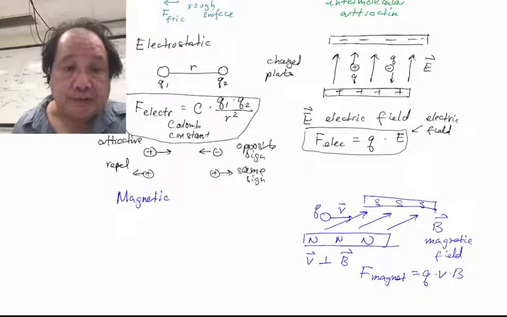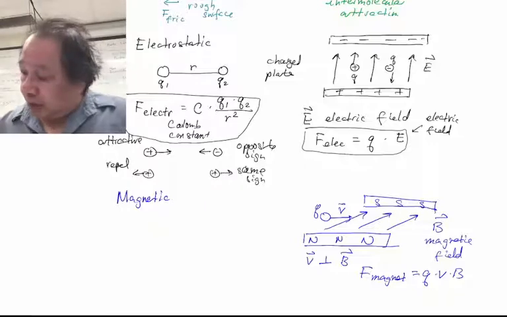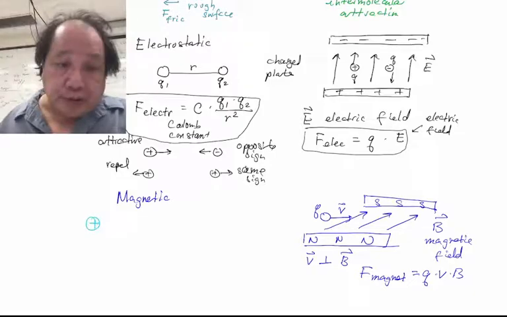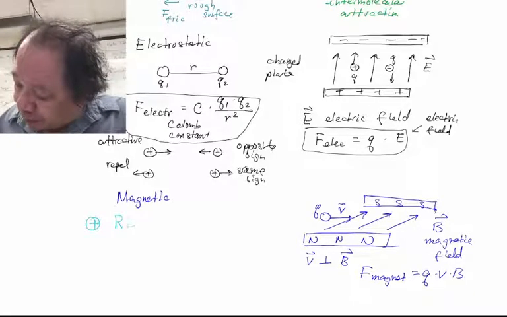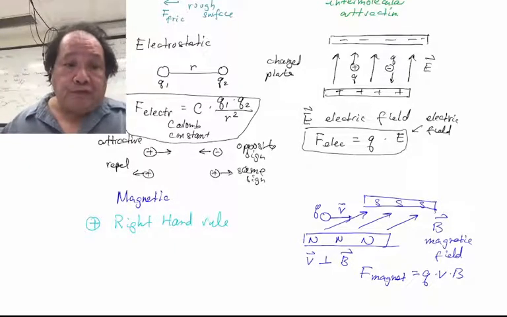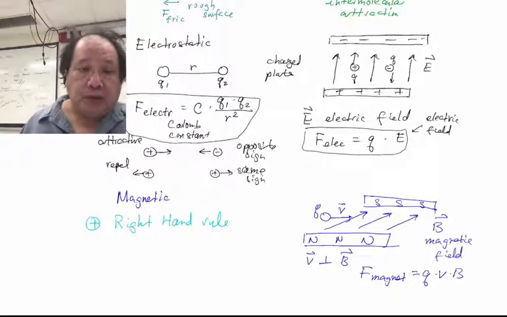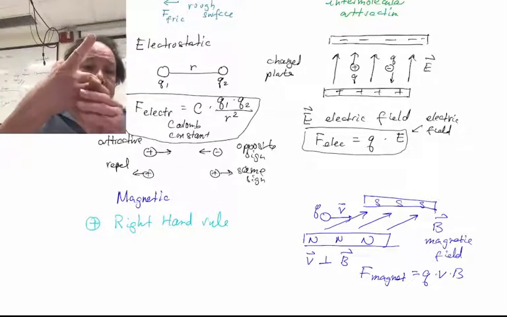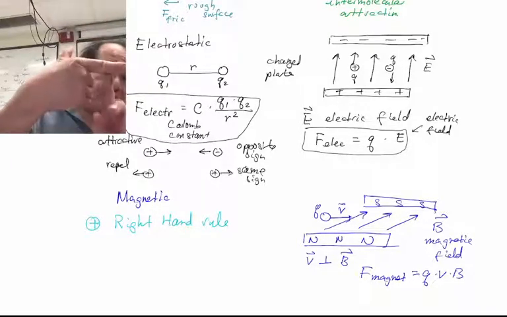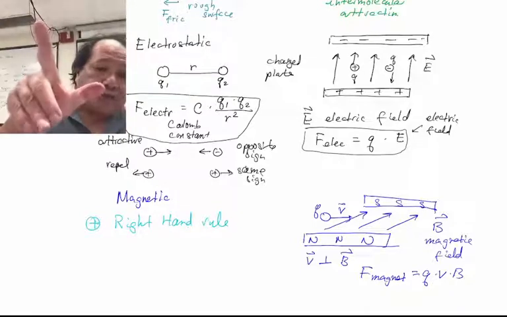So when the velocity of the charged particle is perpendicular to the magnetic field, the magnetic force magnitude is Q times V times B. And the most interesting part of the magnetic force is its direction, and we're going to need a pair of rules. For positively charged particles, we will need the right-hand rule. I'll be doing the right-hand rule from my perspective, so it'll look backwards to you as you're watching this. Three fingers like this will indicate the field direction, the forefinger will be the way it's moving, and the thumb will be the force.